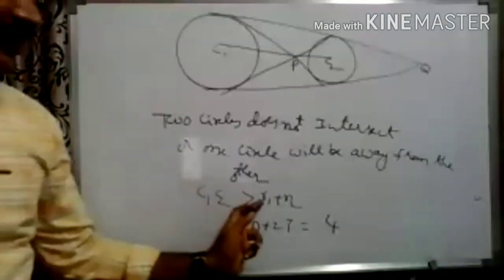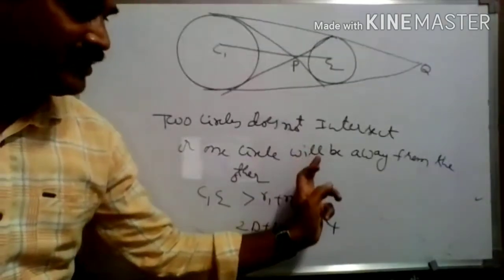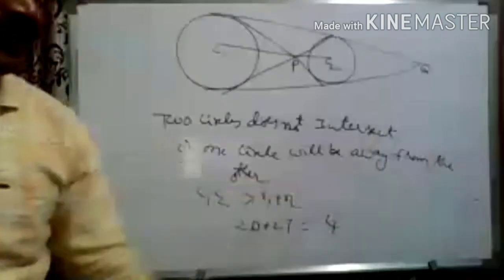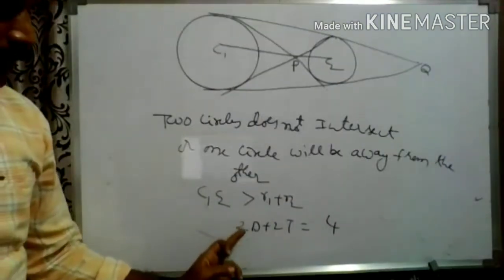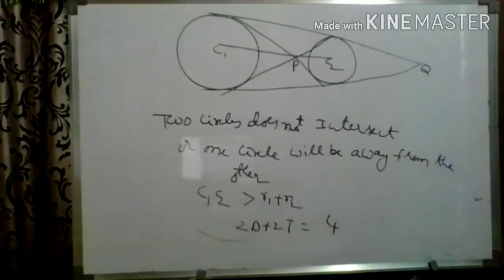So C1C2 is greater than R1 plus R2. One circle will be away from the other. So two direct, two transverse. Total common tangents 4.